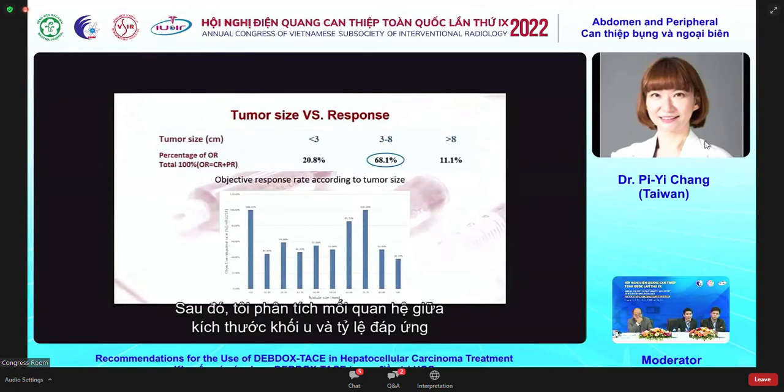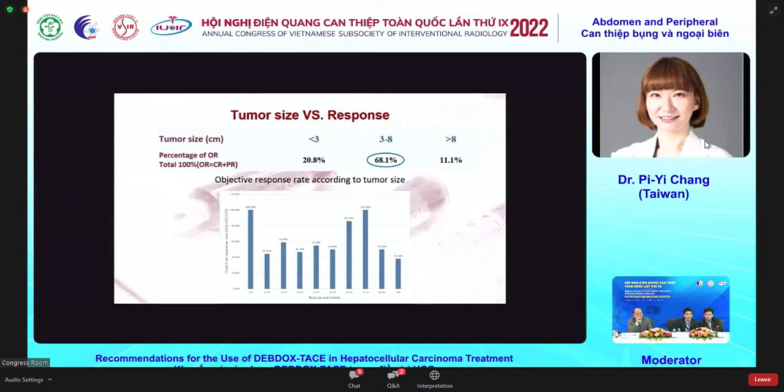Then I analyzed the relationship between tumor size and the response rate, and I found out that better results of DEBDOX-TACE treatment are produced for the tumor size between 3 to 8 centimeters in length.